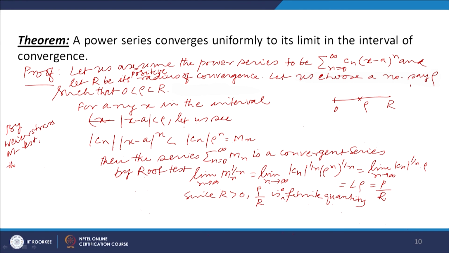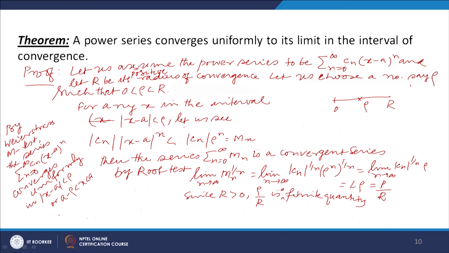the series sigma n equal to 0 to infinity Cn x minus a raised to the power n converges uniformly in the interval mod of x minus a less than rho. That means a minus rho less than x less than a plus rho.